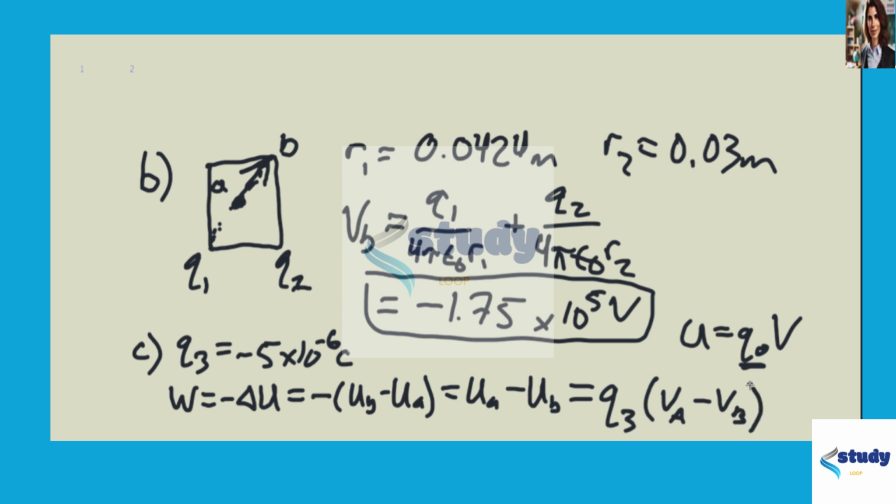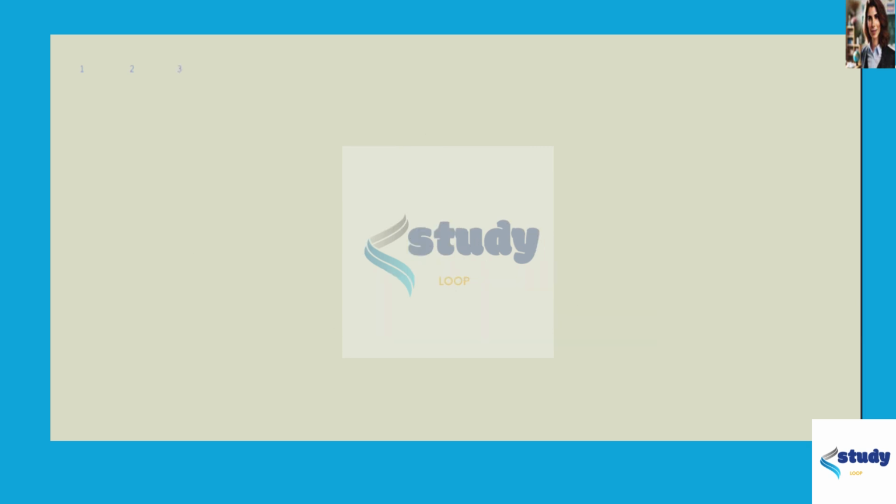Okay? So now we know VA is 0, so this whole thing goes to 0 here. And what we're left with is simply the work from A to B is equal to minus Q3 times the voltage at point B. The voltage is negative and Q3 is negative.